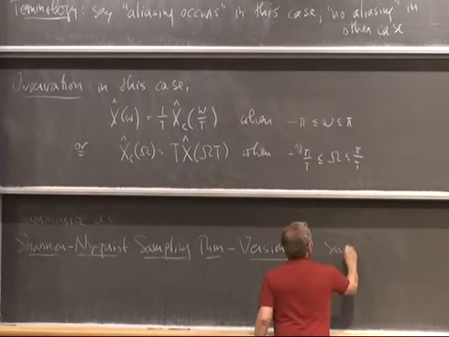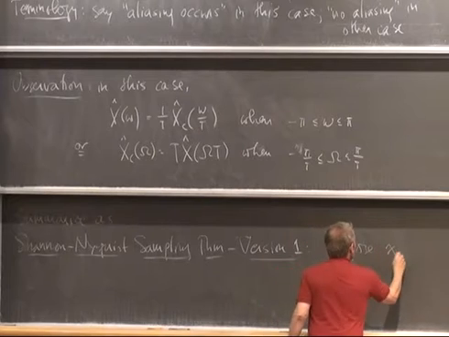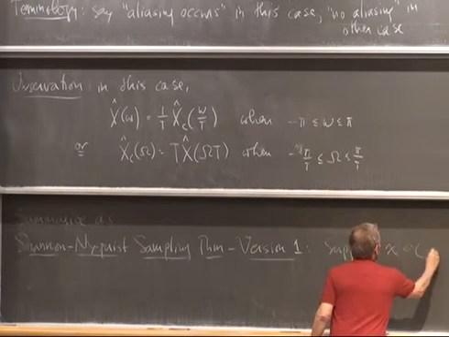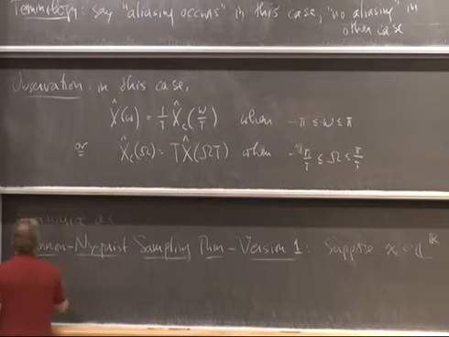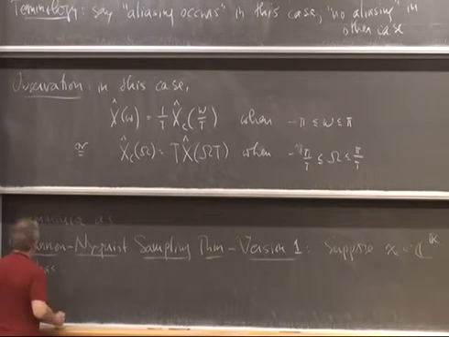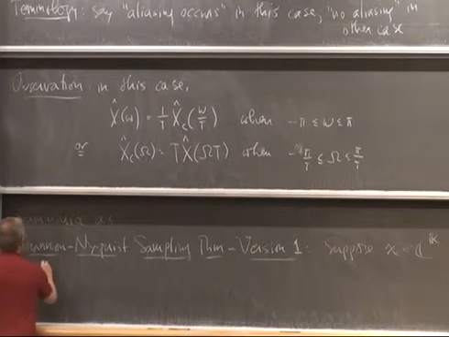Suppose x c, a complex valued continuous time signal, is band limited and has bandwidth Omega m star.